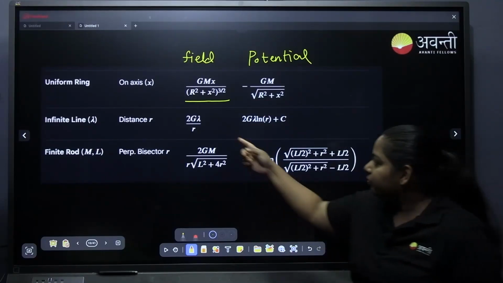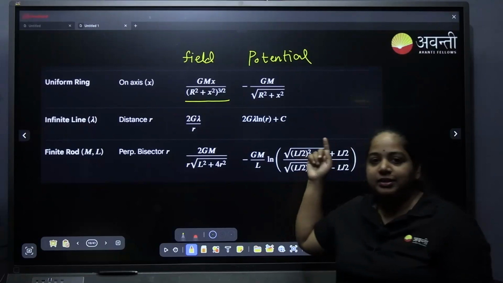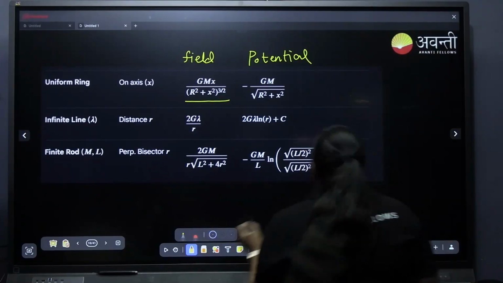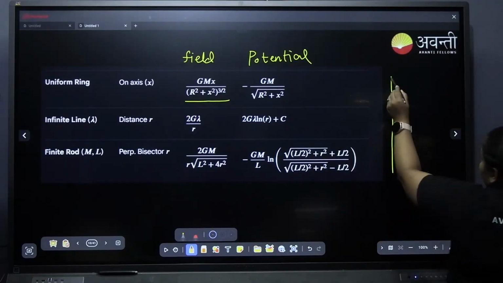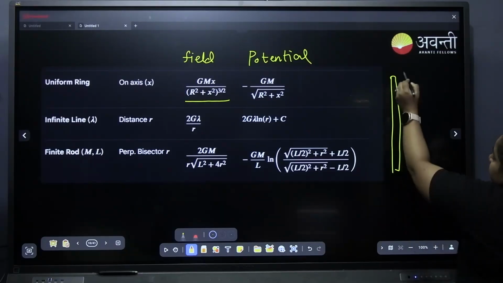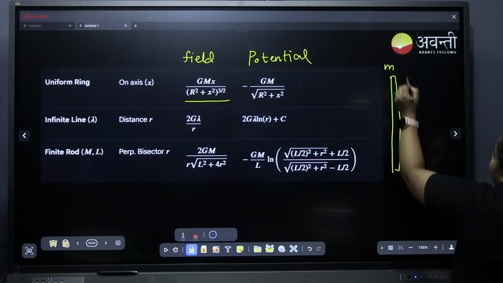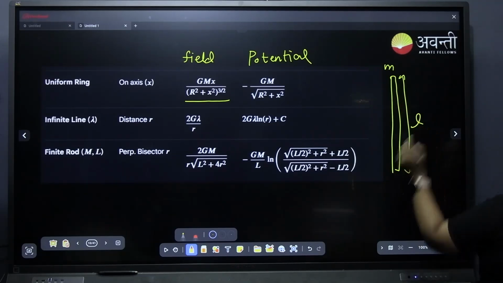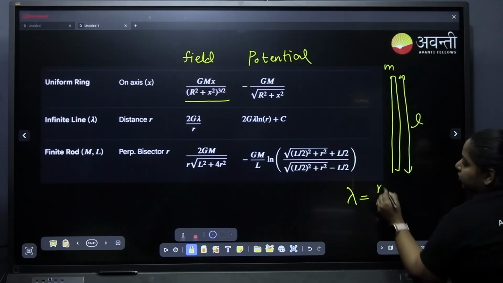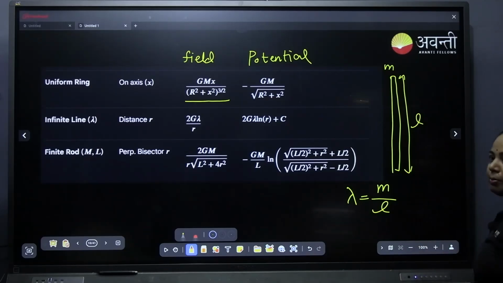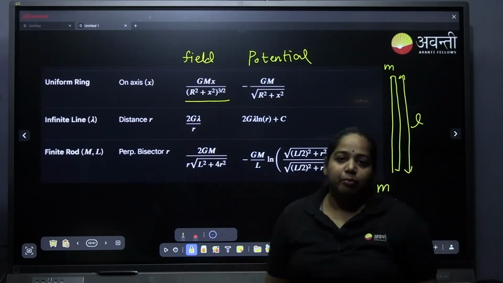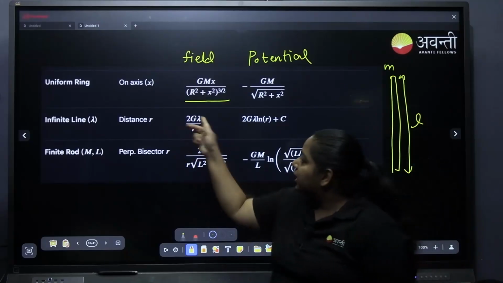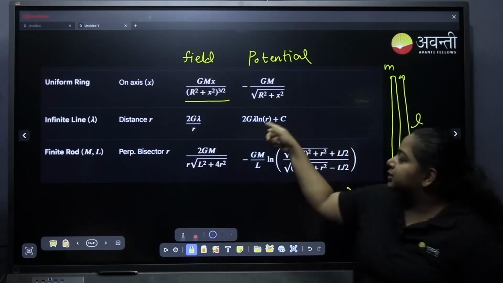That's it. Now for a line mass distribution, for a rod or something like this, mass is m and length is l, then we can say lambda is equal to m by l. Mass per unit length is lambda, and at distance r, what is the field and what is the potential?